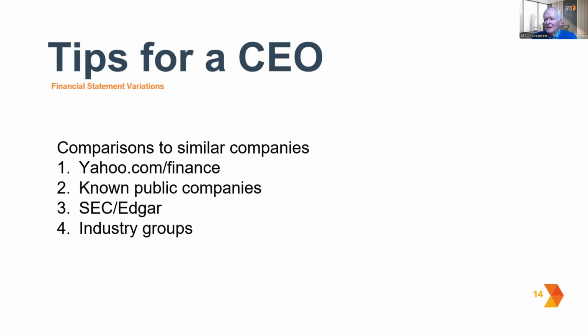I go to Yahoo Finance and try to find companies listed there that have similar attributes or are in my industry. I can go to known public companies, SEC or Edgar, and find the latest filings, or there are private company industry groups where you can get comparisons of your financial information to others' financial information.